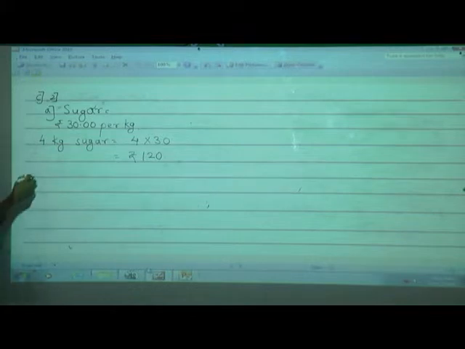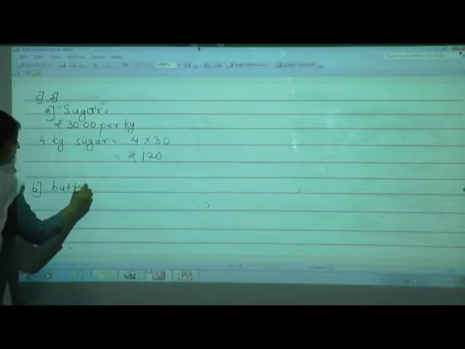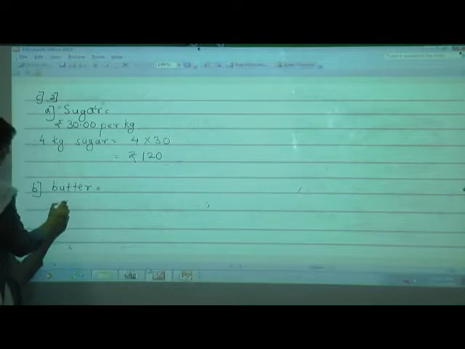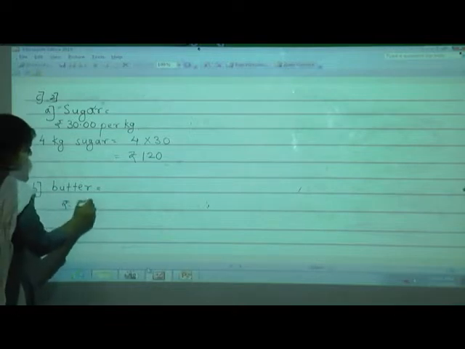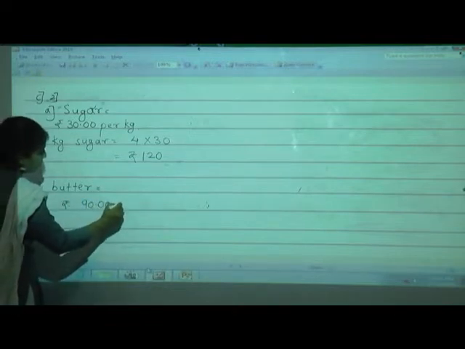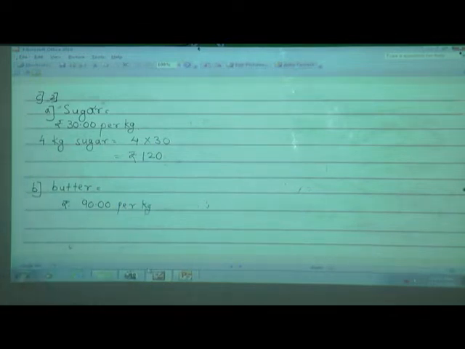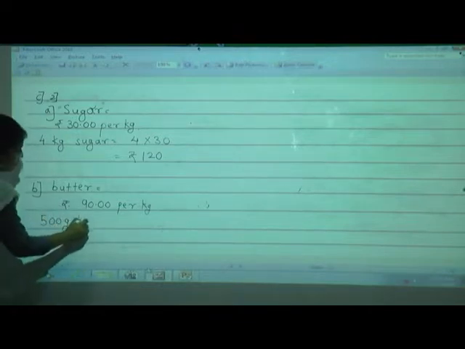Okay, now butter. See in the price list and tell me the price of butter. Yes, students. Okay, butter is rupees 90 per kg, and we want the rate of 500 gram butter.